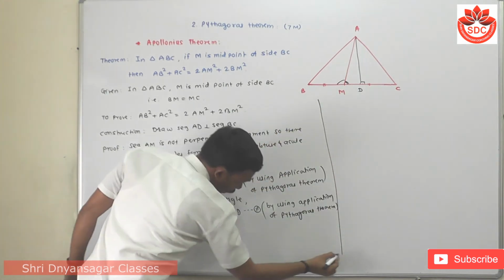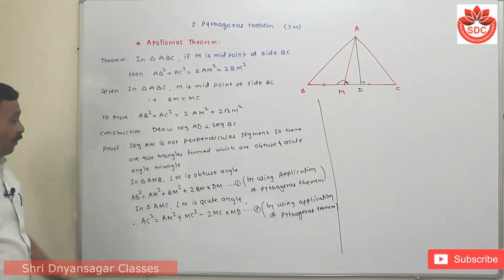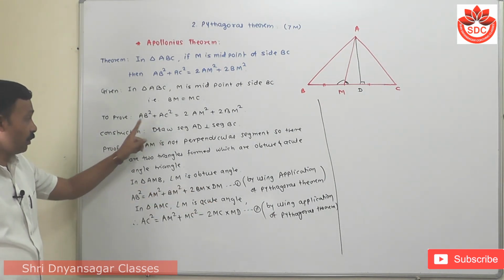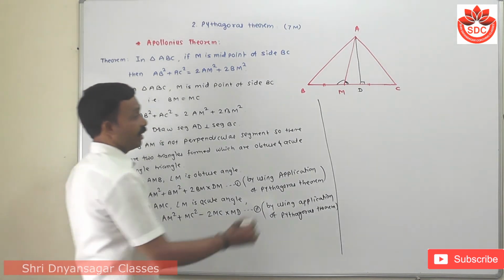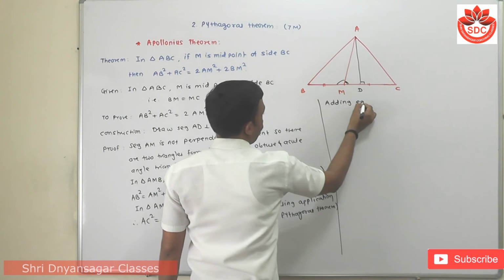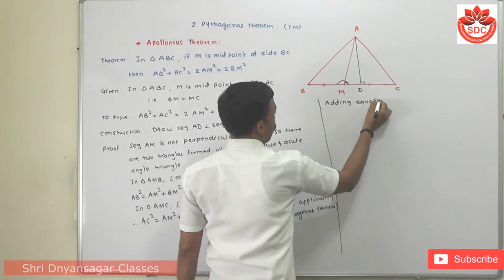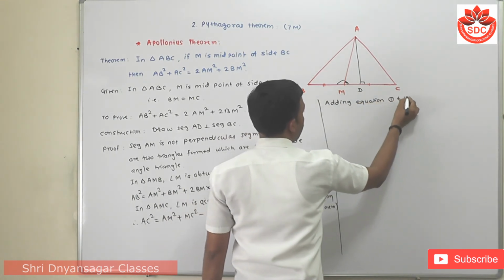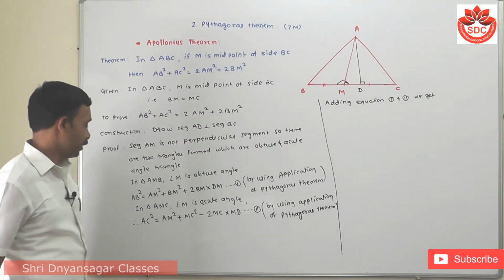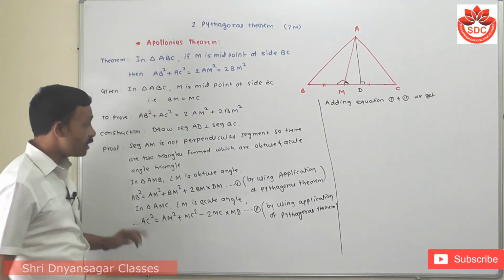Now look carefully. If we add equation first and second, then we get the proof. Adding equation first and second, we get: AB square plus AC square.